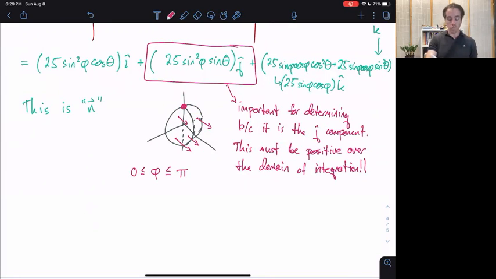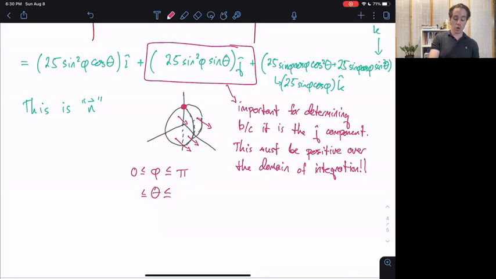But we also need to decide an interval for theta values. Now, think about it. Theta begins at 0 on the x-axis right here, okay? The positive x-axis. And then it folds up here until the point where it gets to pi over 2 and then gets to pi over here. If we allow phi to go from 0 to pi, and it goes through all these possible paths, and we also allow theta to go from 0 to pi right there, then we will have covered this domain of integration.